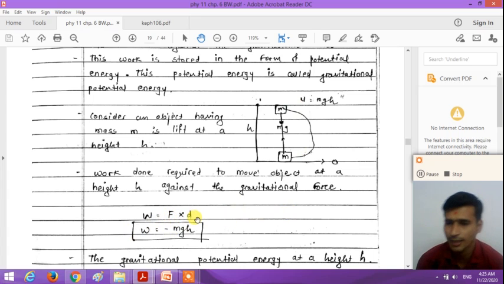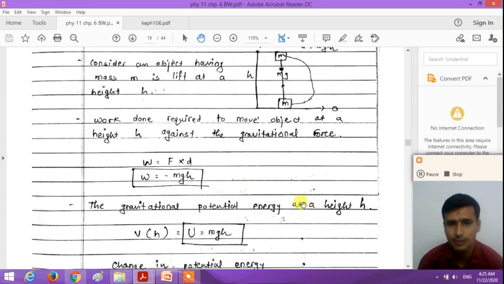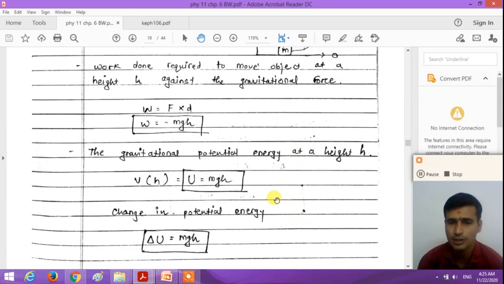F is the gravitational force, which is mg. Putting F equal to mg, we get the work done against the gravitational force, W is equal to minus mgh. So, dear student, the gravitational potential energy at height h, U, is equal to mgh.